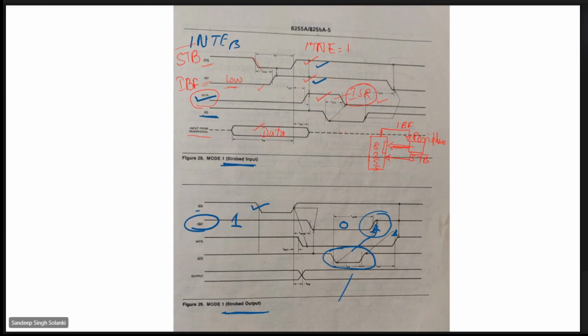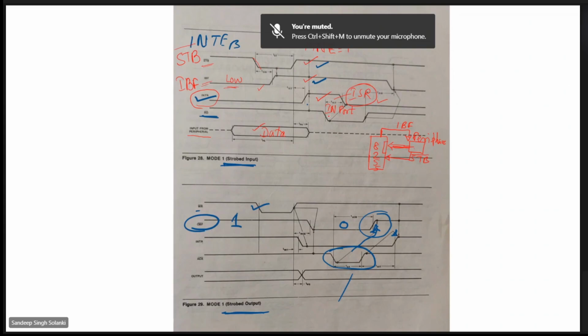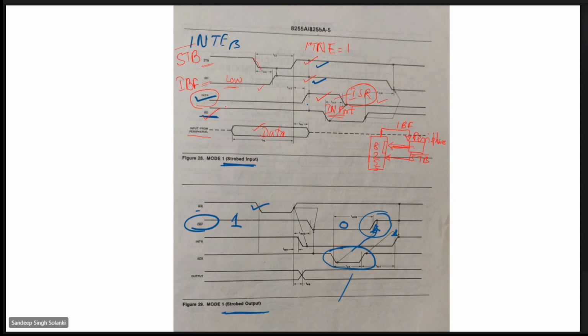When this IN port address instruction is getting executed, the read signal is generated, and that read will read the data which is available on the port of 8255, from 8255 to 8085, in response to read.